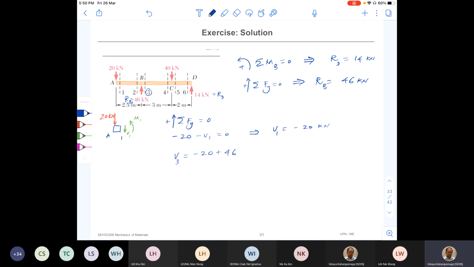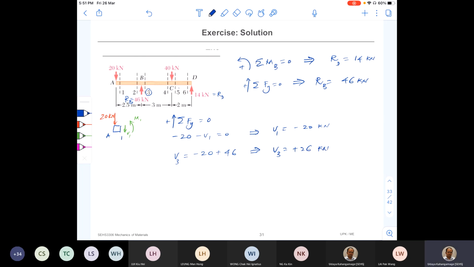Correct? Just after B, 46 comes into the equation. Right, 46 is in the positive direction, 20 is in negative direction. So once you simplify this one, you get the V3 value. It is plus 26 kilonewton.